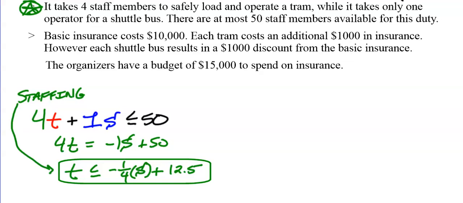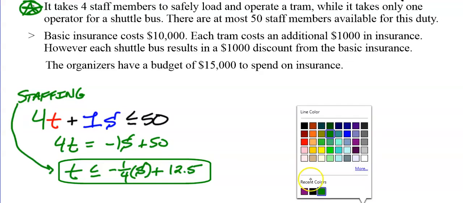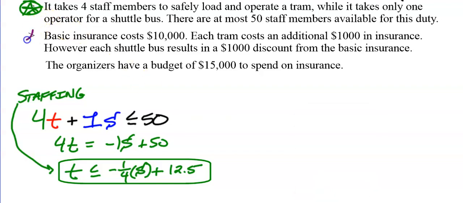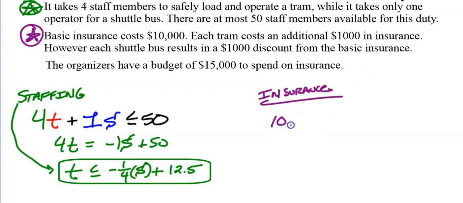And then now we get into the insurance. Yikes, because everything costs money. So insurance we're going to do over here in purple. For our insurance equation, the basic insurance costs $10,000. So the flat rate, you're going to pay $10,000, straight up. Each tram is an additional $1,000.